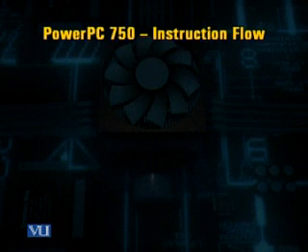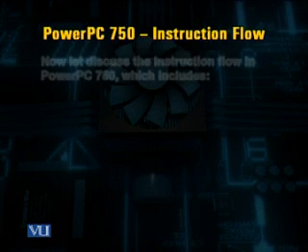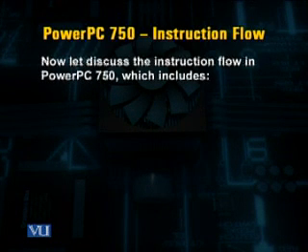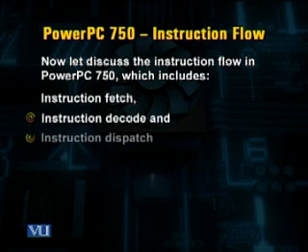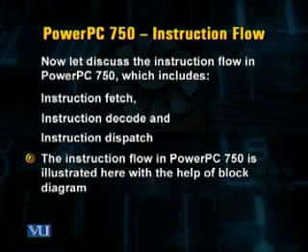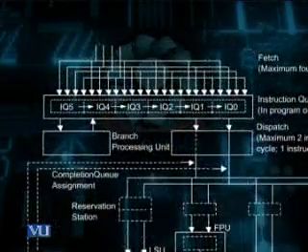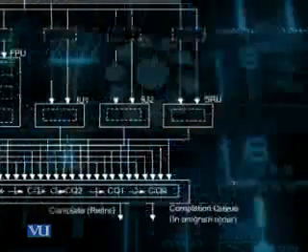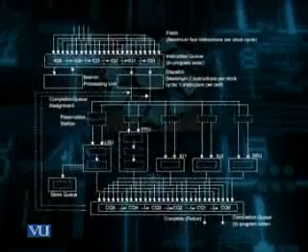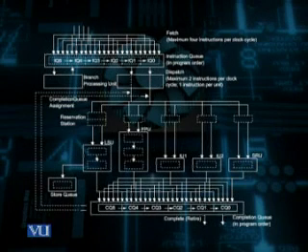Now let us talk about the instruction flow. The instruction flow of PowerPC includes instruction fetch, instruction decode, and instruction dispatch. The instruction flow in PowerPC is illustrated here in this block diagram. Here you can see that the PowerPC 750 allows maximum 4 instruction fetches per clock cycle.